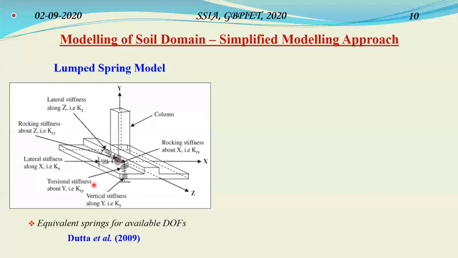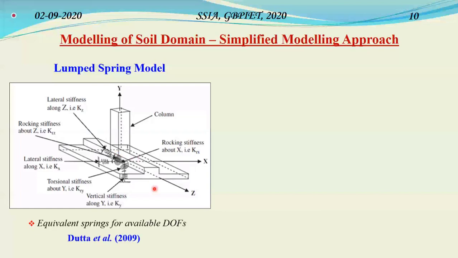So we will have a spring element related to vertical stiffness along y, lateral stiffness along z, and lateral stiffness along x. Similarly, we will have rotational spring elements to take care of the torsional stiffness about y, rocking stiffness about x, and rocking stiffness about z.